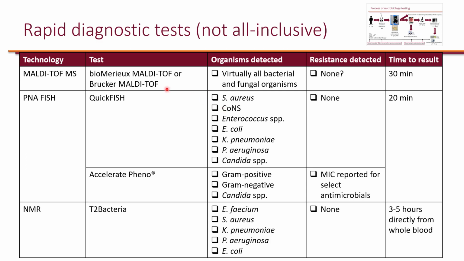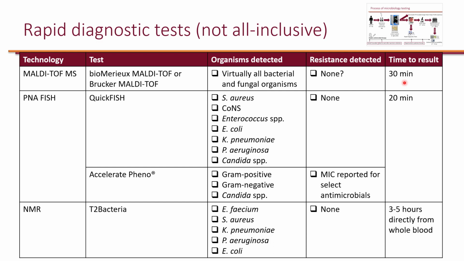And then beyond PCR, we have other technology. MALDI-TOF is something that can essentially detect any possible organism. This is a really powerful machine that can detect any possibility, and it's pretty fast, within 30 minutes.